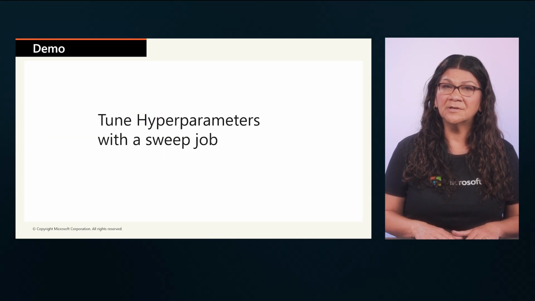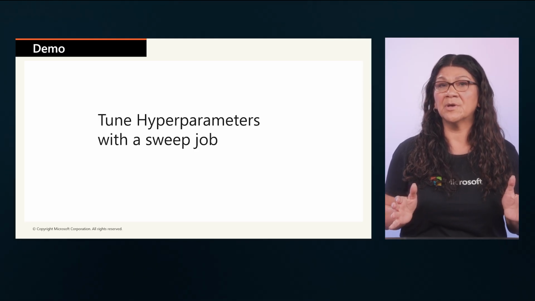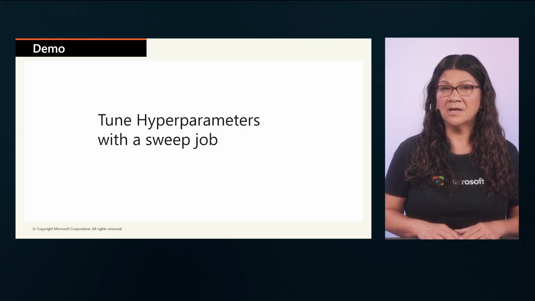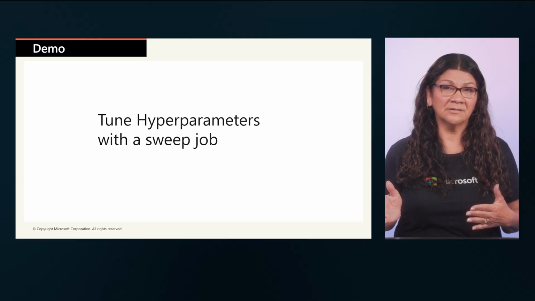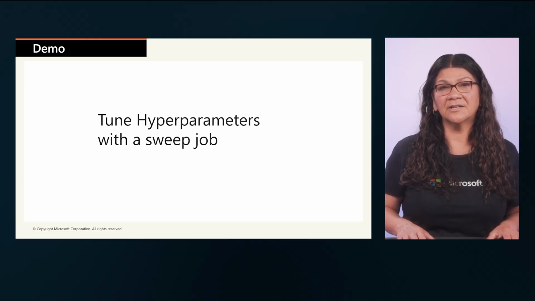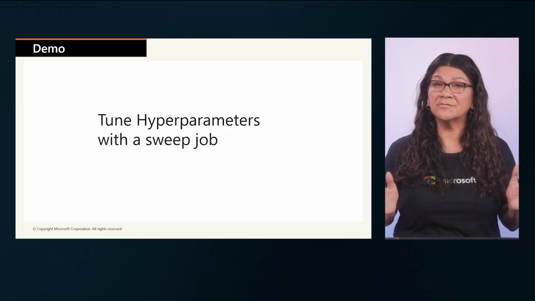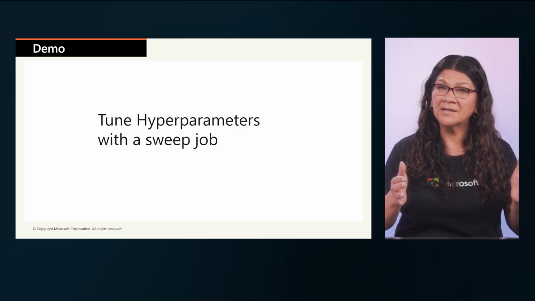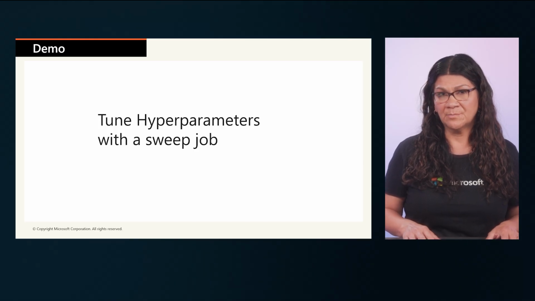In this demo, we're going to tune hyperparameters using a sweep job in Azure Machine Learning, which is how you move from a good model to the best model. Instead of manually guessing values, a sweep job systematically explores different configurations in parallel and identifies the optimal combination based on your chosen metric.